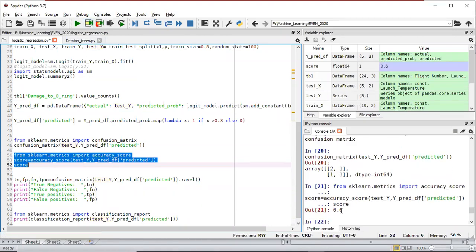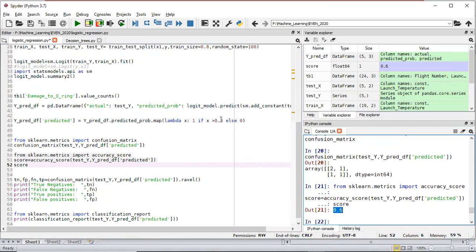We are getting the accuracy score as 0.6. I have one false negative and one false positive. Out of 5 test values, it has predicted 3 correctly and 2 wrongly, so my accuracy is 0.6.